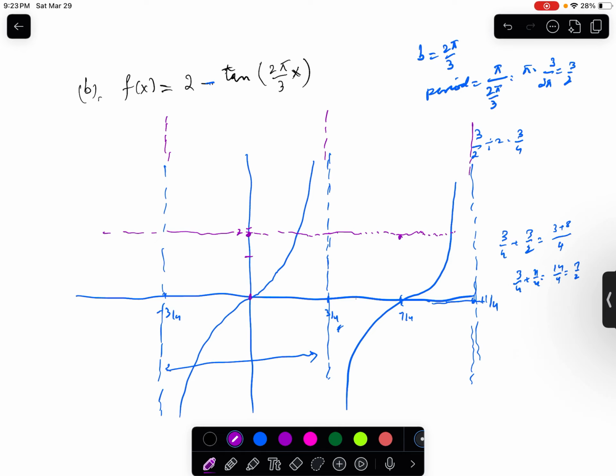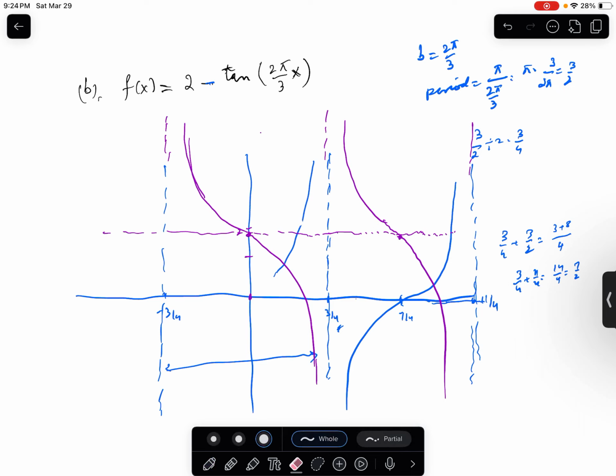Now the actual graph will look like this. Okay, now erase this. That's why if you use pencil, then it helps. This is the actual graph.